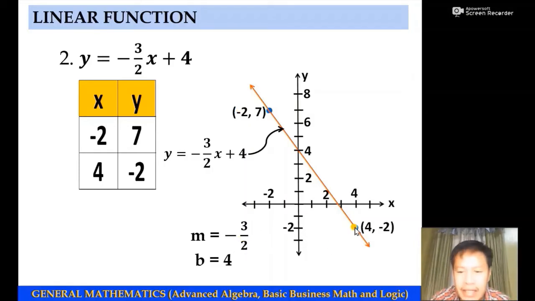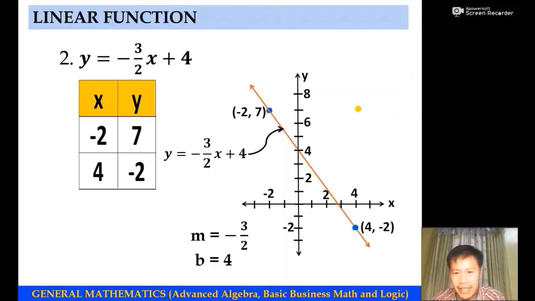You can also get the slope here. From this point, your direction is going there, and you're going to follow the x coordinate and the y coordinate. The y coordinate first because rise over run. 1, 2, 3, 4, 5, 6, 7, 8, 9. Then go to the left, and that is negative already.